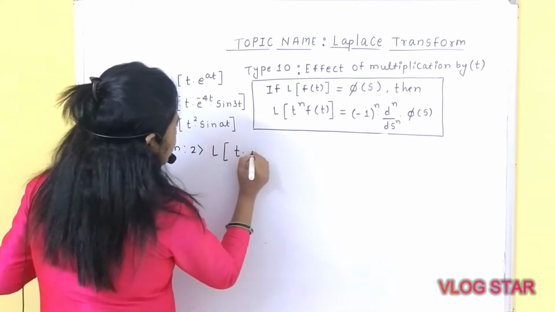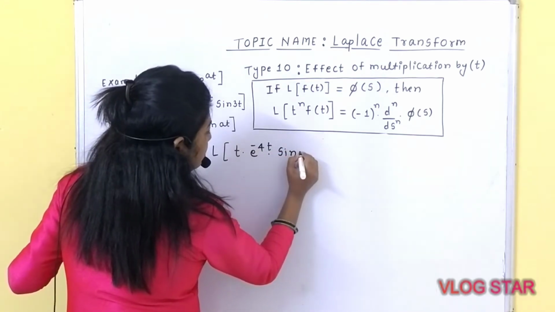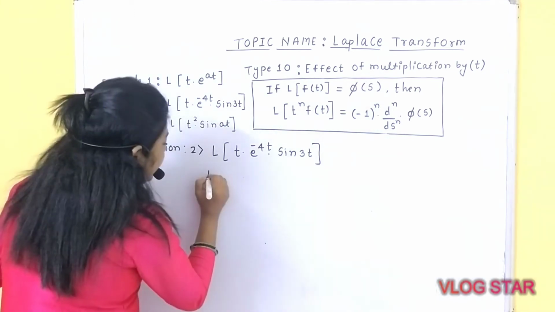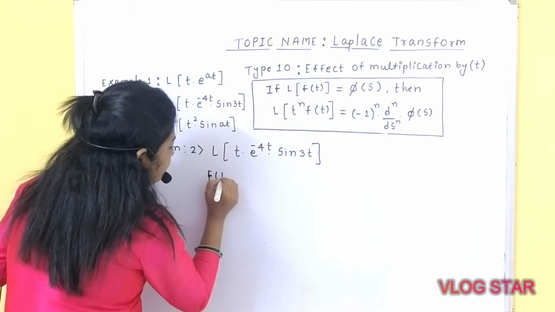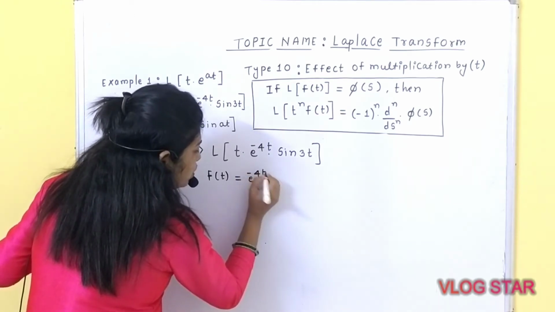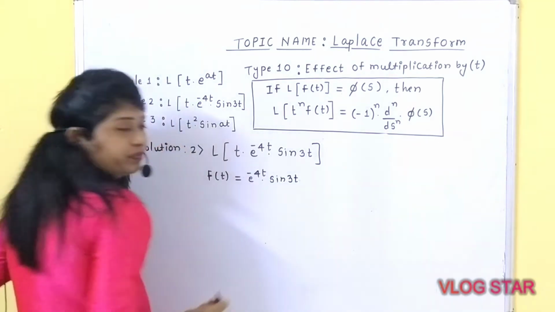So as I told you, we need to calculate Laplace of the given function. So can I consider f of t is nothing but equal to e raised to minus 4t into sine 3t.